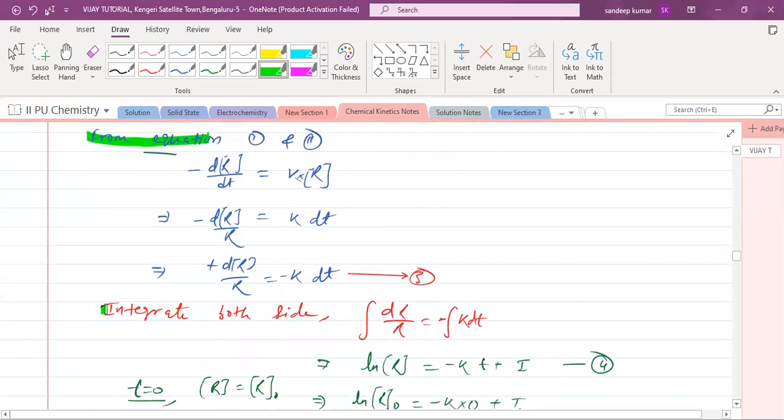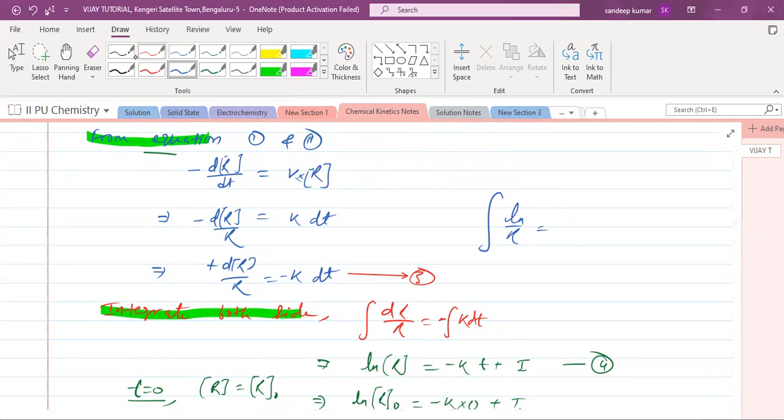Now I have integrated both sides. On integrating both sides, integration of dR by R is equal to minus integration of k into dt.